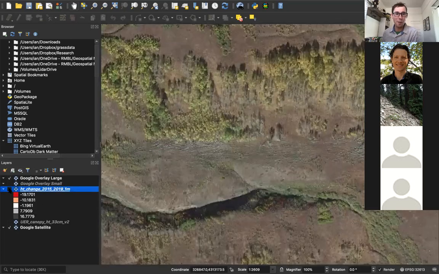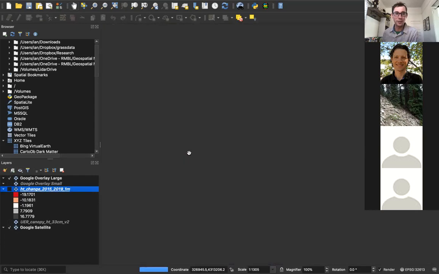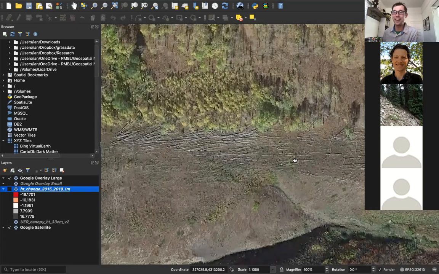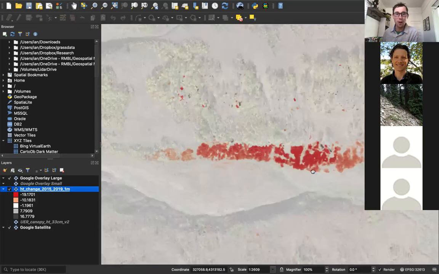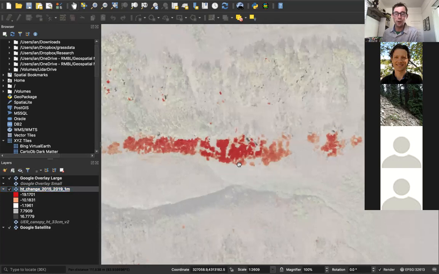If I turn the map off, you can actually see these are the trunks of the trees that got flattened by hundreds or thousands of tons of ice and snow rocketing down this hillside at about 80 miles an hour. So it's cool to see all those different processes represented on the landscape.